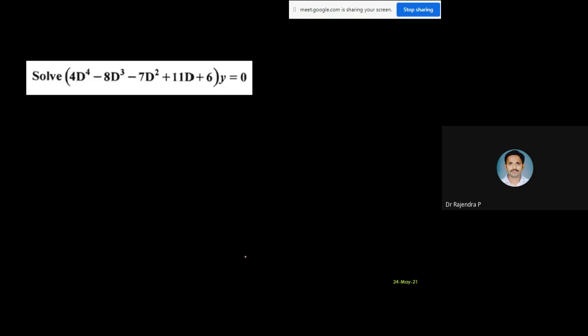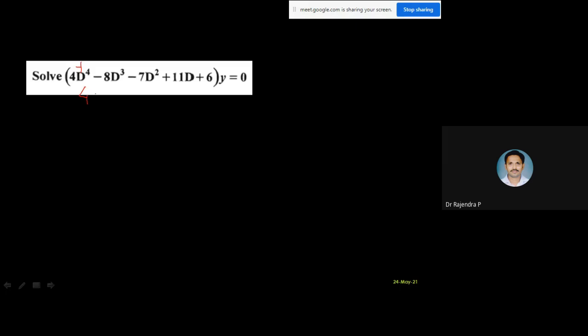Suppose I substitute D = 1 here. What is happening? 4 minus 8, then minus 7 plus 11 plus 6. What is the value? Minus 15. Is it going to be 0? No, right? Suppose we substitute D = -1.